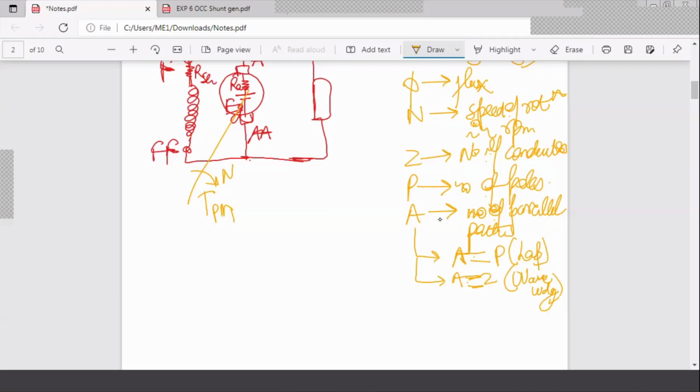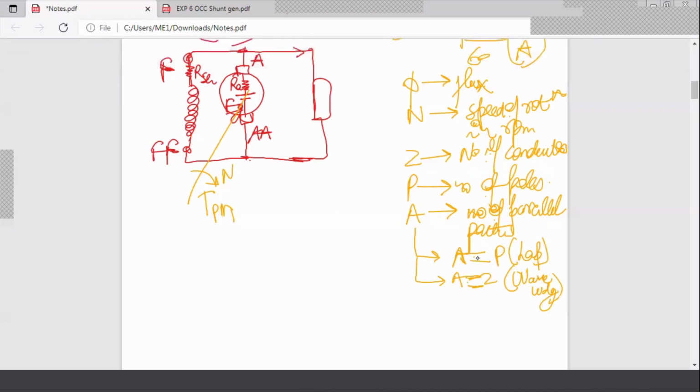Just remember as of now that it is a type of connection of windings, because you have multiple coils and you have to connect them somehow. So two types of connections are there: lap winding and wave winding. If it is a lap winding, then the number of parallel paths is equal to the number of poles. If it is a wave winding, the number of parallel paths A is equal to 2.